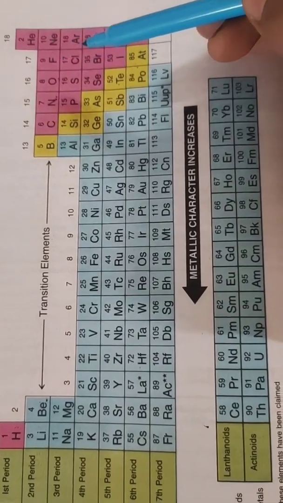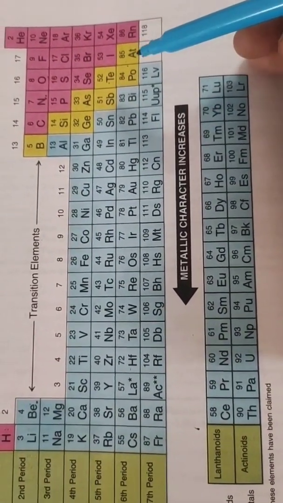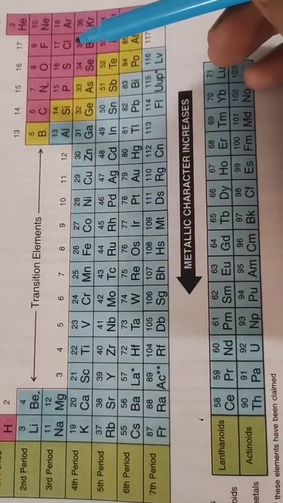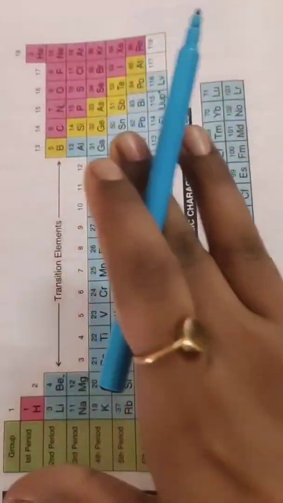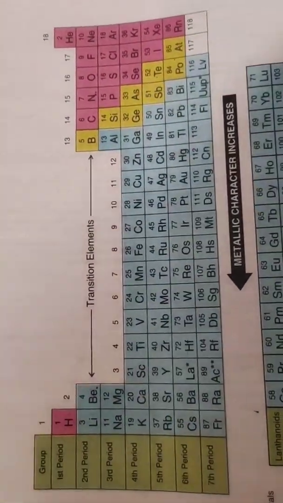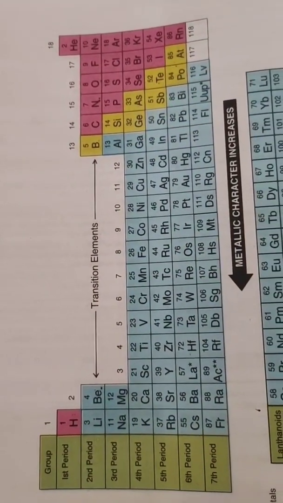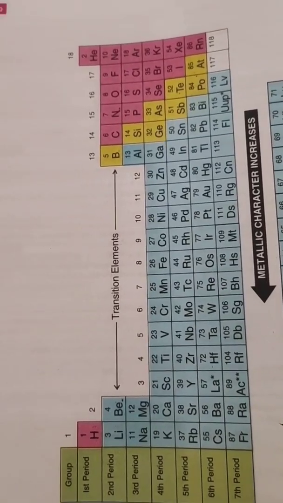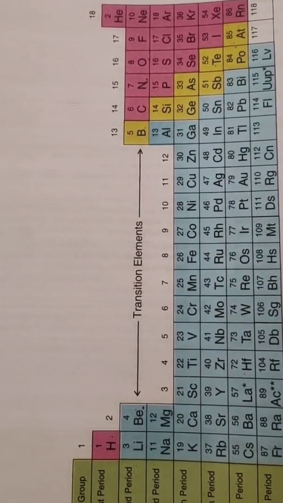here for example, in group number 17, the size of the atom will increase, so the electron gain enthalpy will be less negative. So when we move down the group, the electron gain enthalpy becomes less negative. And when we move across the period, the electron gain enthalpy becomes more negative.